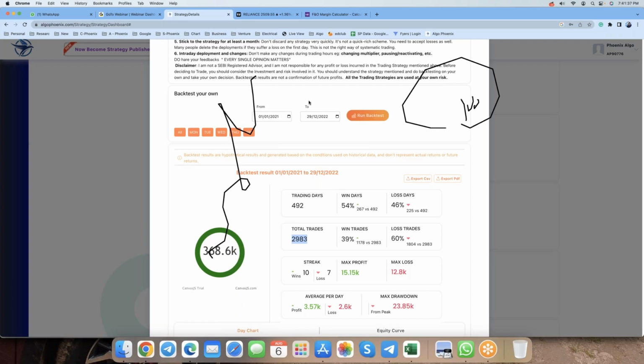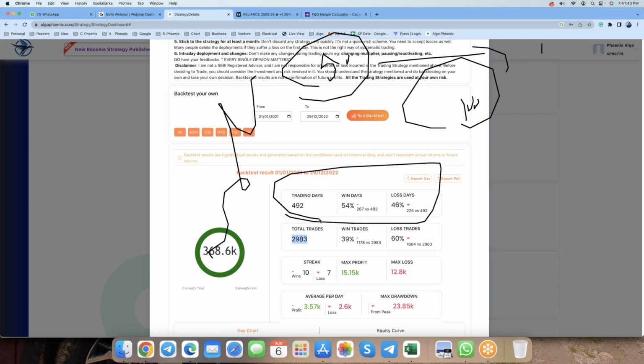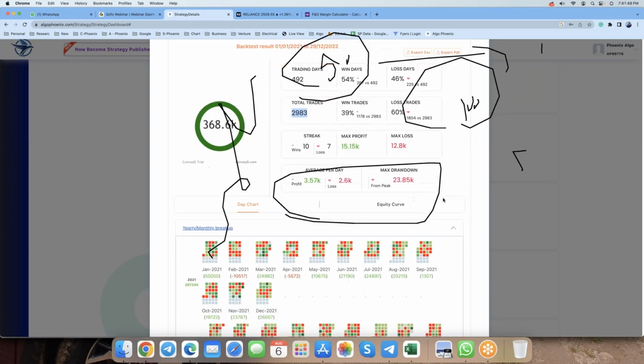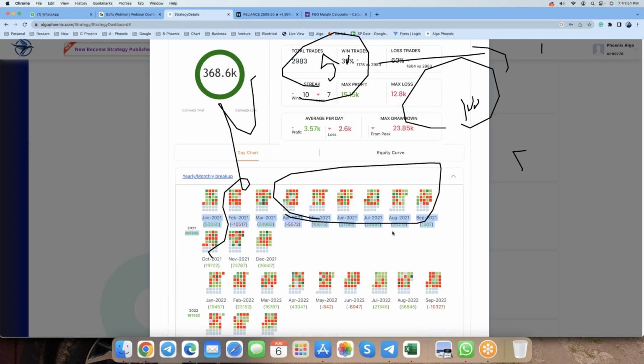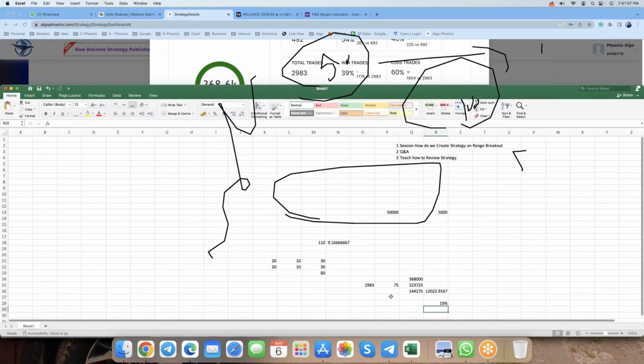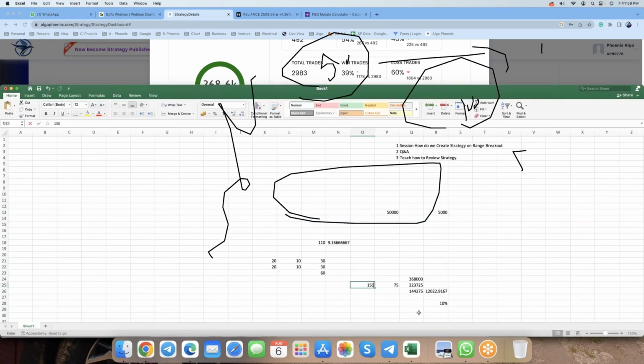But I don't think I should deploy 50,000 rupees and wait for the whole month, doing so many trades for 5 to 10,000 rupees. I feel it is a bit risky. So either the gentleman should reduce the number of trades. Instead of 3,000 trades, if you bring it to around 1,500 trades, then the result would be much more favorable.